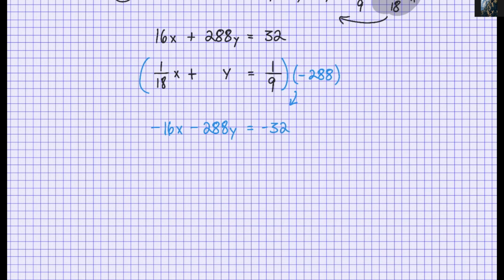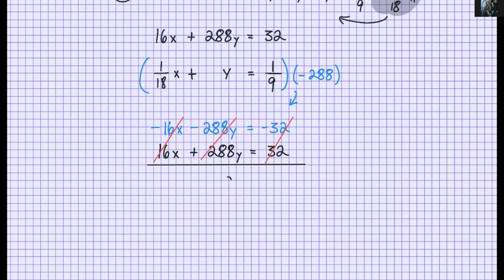Now, if I add both of my equations, it becomes very obvious what will happen. The x variable gets canceled, the y variable gets canceled, and then the numbers get canceled as well.